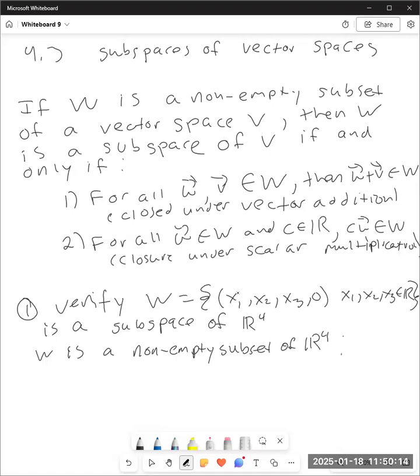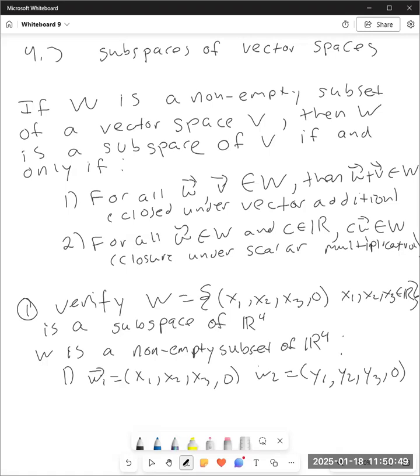So say W1 is going to be x1, x2, x3, 0, and say W2 is equal to y1, y2, y3, 0.